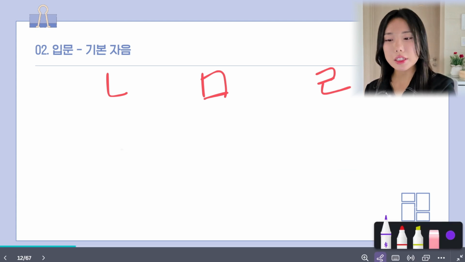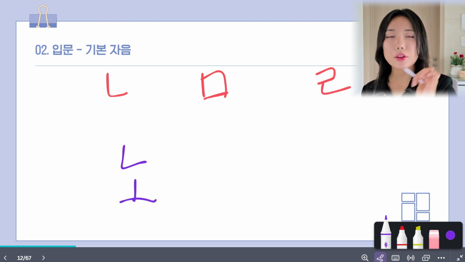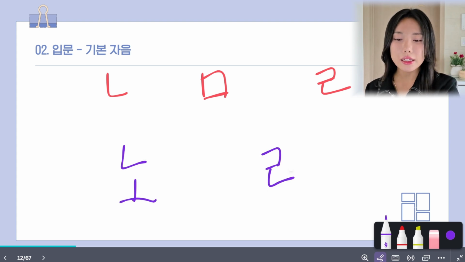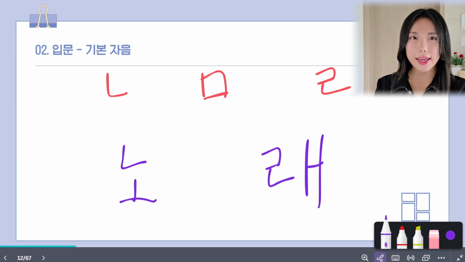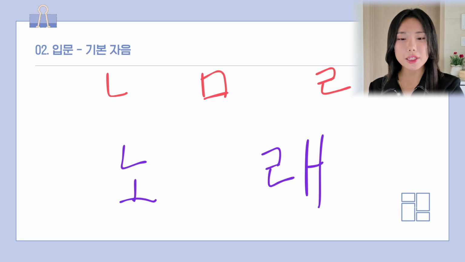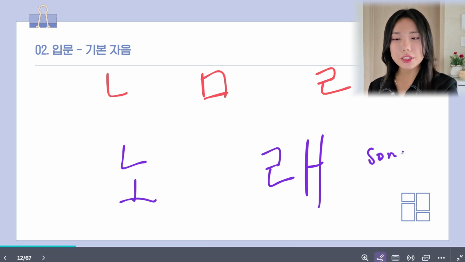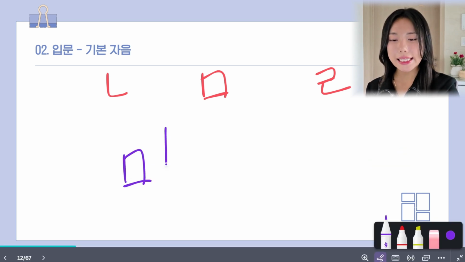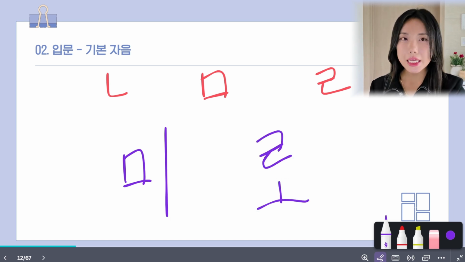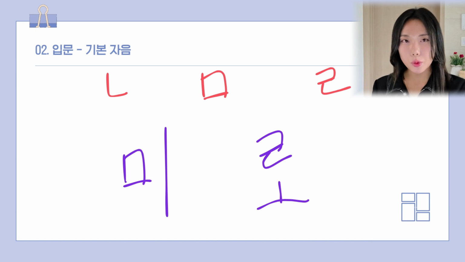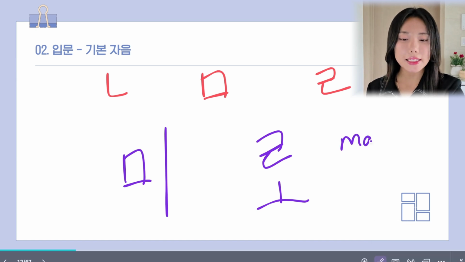What about N and O and L and E? 노래, which means song. Then what about M and I and L and O? 미로, which means maze. 미로.